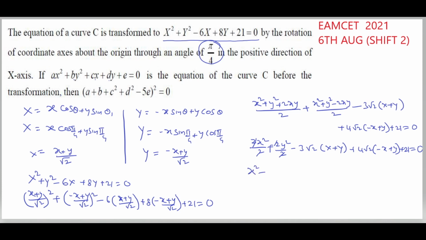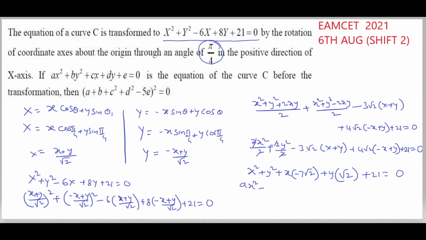This is x square plus y square. Take x common, that is x into minus 3 root 2 minus 4 root 2, which is minus 7 root 2. And take y common, minus 3 root 2 plus 4 root 2, that is root 2, plus 21 is equal to 0.